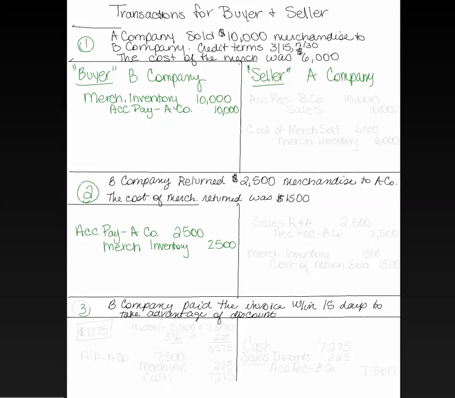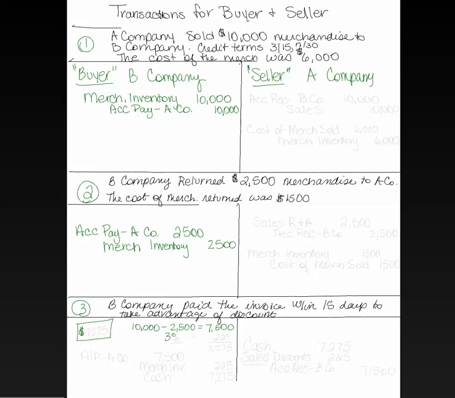And then in part 3, B company paid the invoice within 15 days to take advantage of the discount. And so at this point, we've got to figure out how much we are going to write this check for, because we are the buyer. So we owe $10,000 less $2,500. That means that we owe $7,500. But they've offered us a discount of 3%.